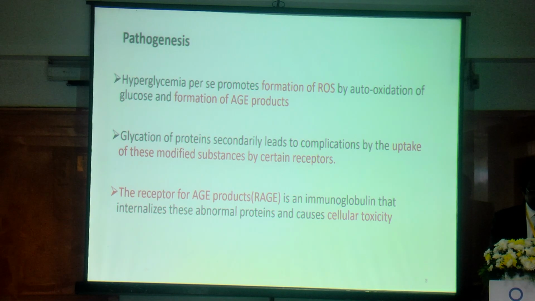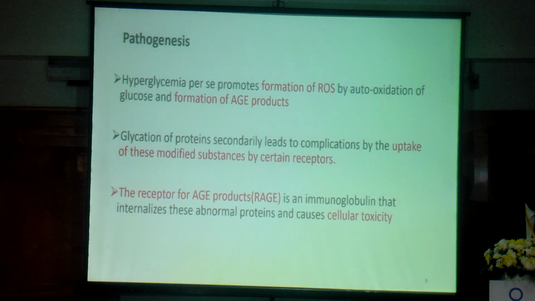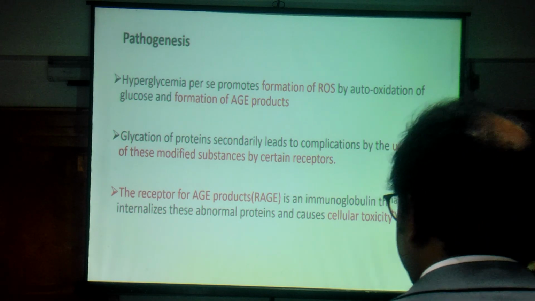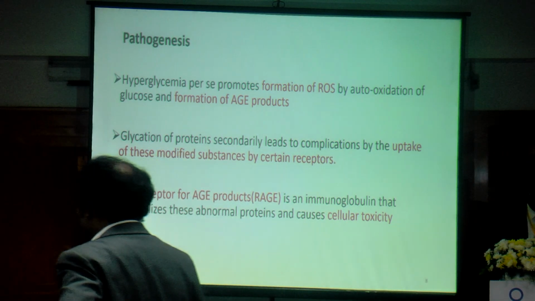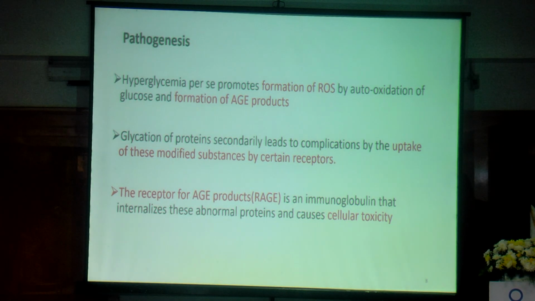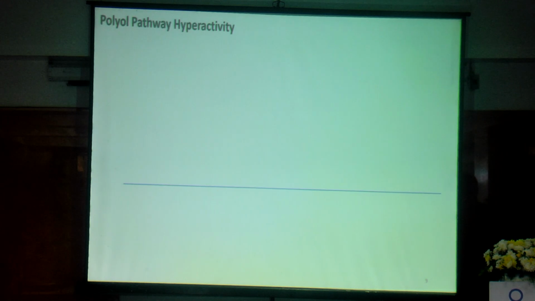The glycation of proteins secondarily leads to complications by the uptake of these modified substances by certain receptors. The receptor for AGE products, the RAGE, is an immunoglobulin that internalizes these abnormal proteins and causes cellular toxicity. Today, I just want to explain this polyol pathway, which hyperglycemia triggers.